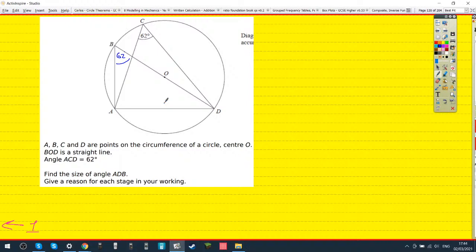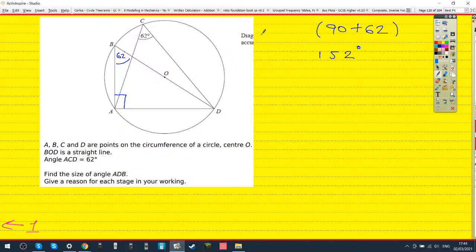So A is 90. 90 add 62, I believe. That is 152 degrees.